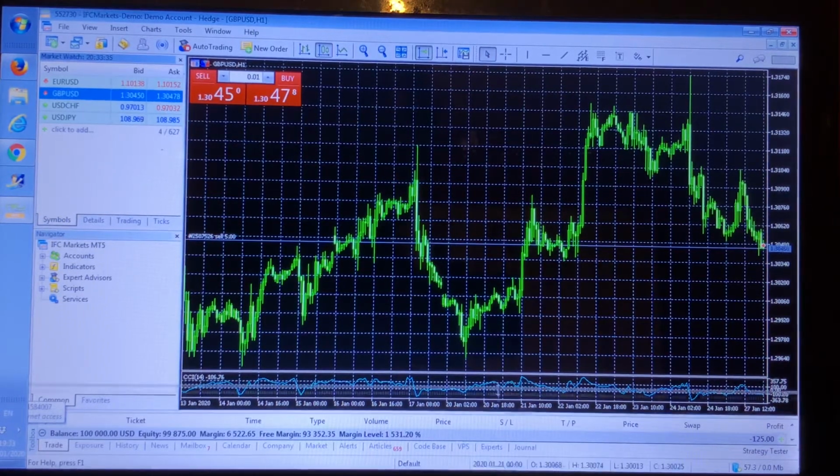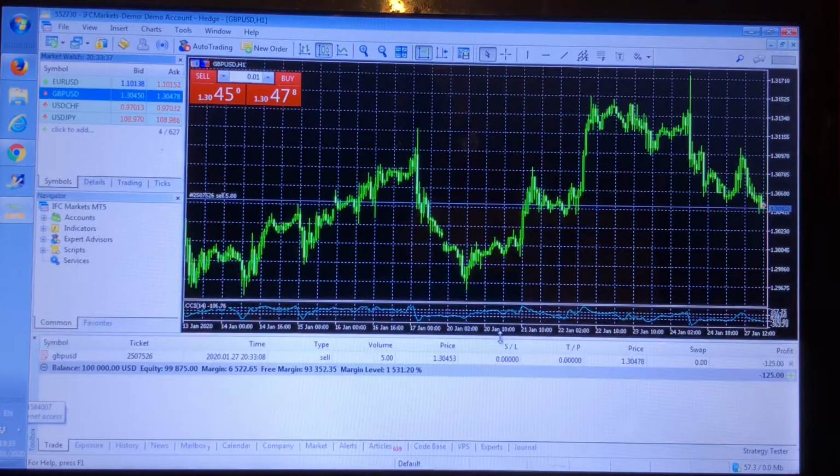Let's just bring this up for you. Our margin's £6,500. We've not put stops on it, and I've not put take profits on, which can be risky.